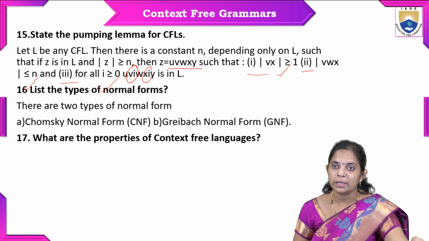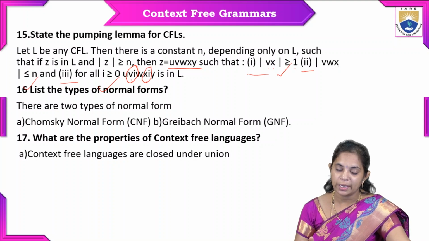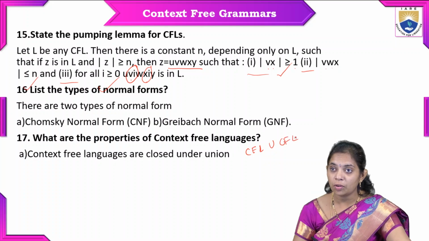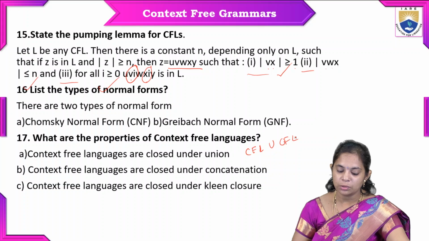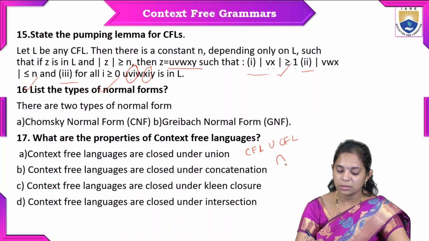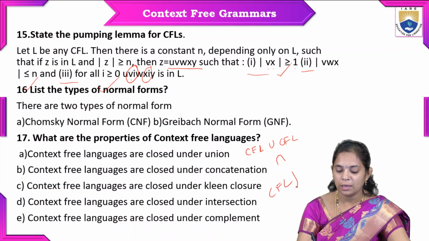How many operations can we perform under which they are closed? They are closed under union, like the union of two context-free languages, and also concatenation and Kleene closure. And the fourth one is intersection, and also complement, like CFL complement.